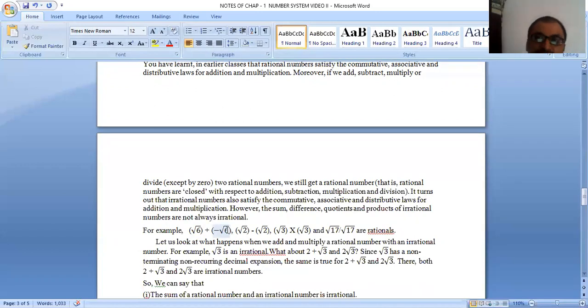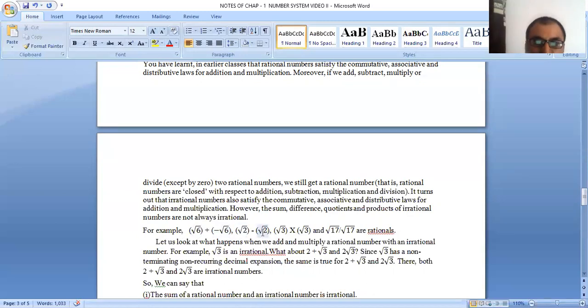But 1 upon 0 is not a rational number, because, as I told you in my first video, we write the form p upon q, and q is not equal to 0 here. We cannot take q equal to 0. So 0 is a rational number. After solving it, we get 0.